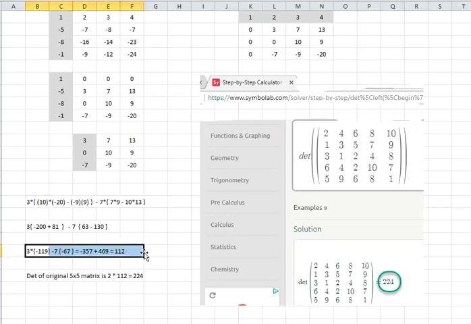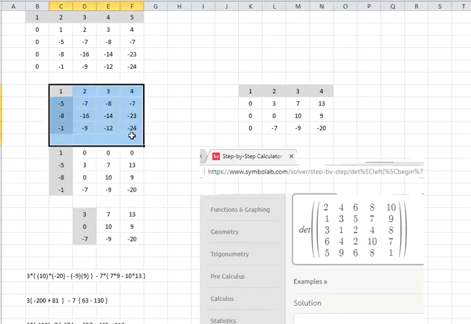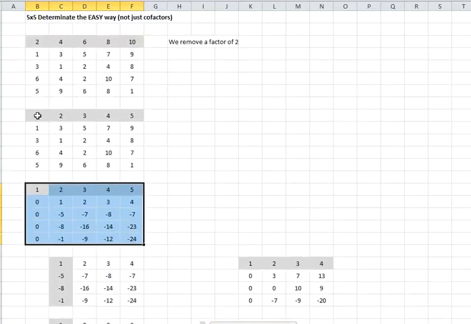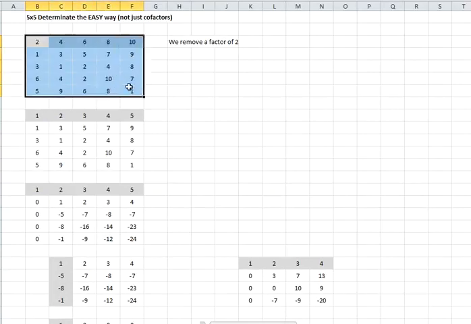Now remember, we pulled out a factor of 2. 112 is the determinant of this, and this, and this, and this, and this. But 112 is not the determinant of the original matrix. We have to multiply 112 by 2 to get the determinant of this.